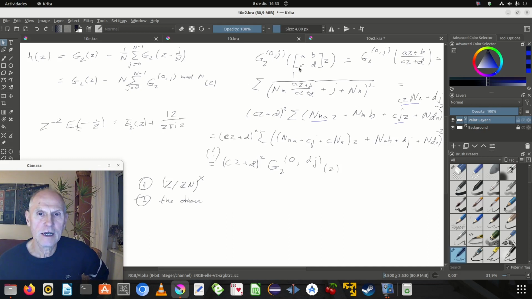And since we have n divides this, so this is equivalent to unity modulo n, and that means that d actually lies in this group, as well as a, which we're not going to use.